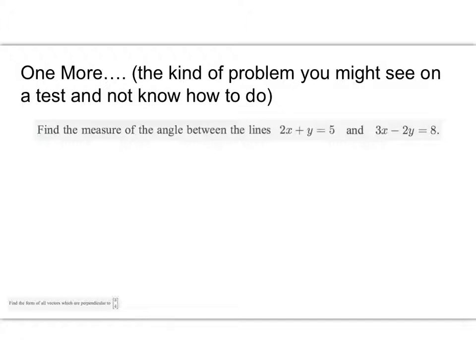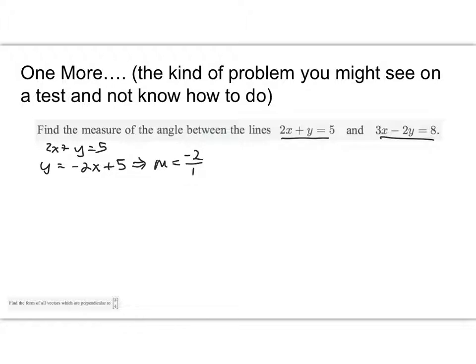Okay, so we have these two linear equations. The first thing I'm going to do is put them in slope-intercept form. So 2x plus y equals 5, then y equals negative 2x plus 5. My slope here is negative 2 over 1. I go down 2 and over 1 for every unit.